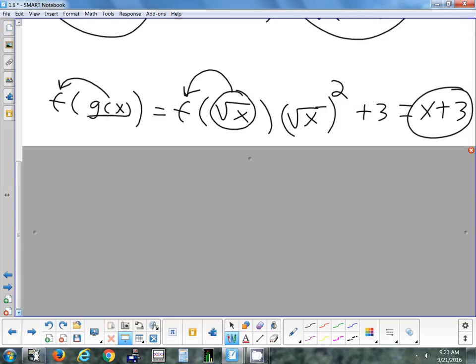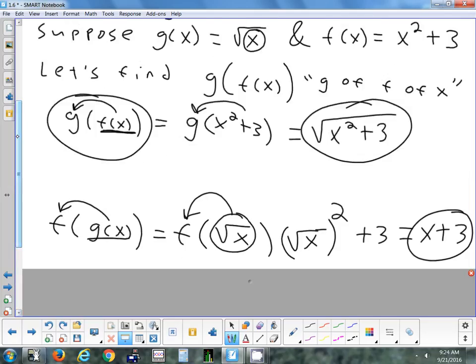And square roots have restrictions. So when we find the domain of a composition, not only do we have to look at the final answer, but we also have to look at where it came from. How was the final answer created? Because there might have been a restriction here that we canceled out when we did something, and we can't forget about it. All right, we'll talk about that in a second.